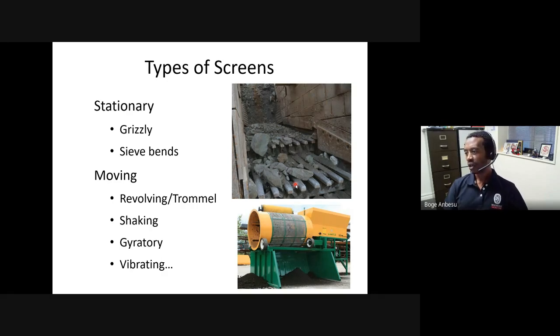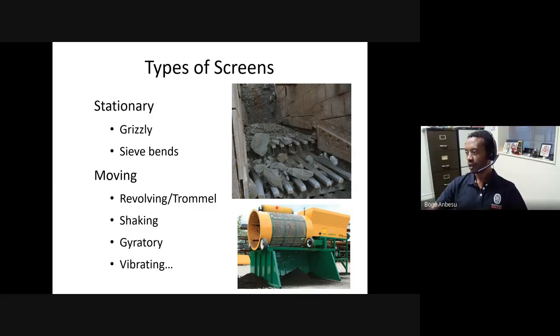Sieve bends are another example of stationary screening, where you feed the material from the top and the screen is somehow bent, and material falls on the screen, and the fine particles pass through the screen, the coarse materials flow over the screen. And some screens are actually moving screens. For example, you could have revolving screens like a trommel that I've shown you in this picture here.